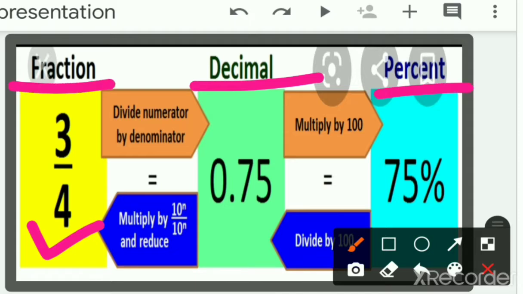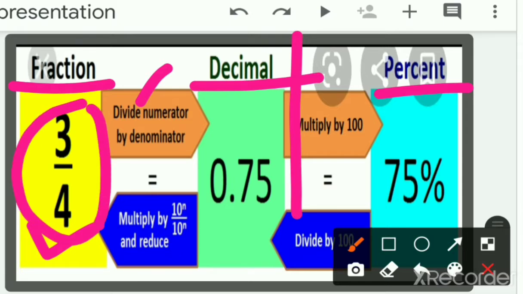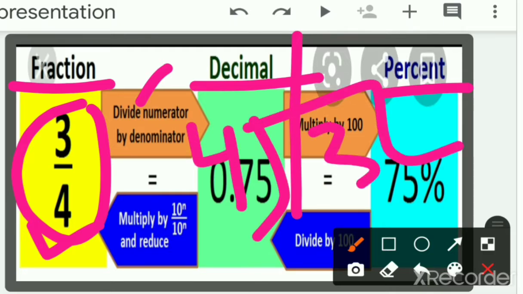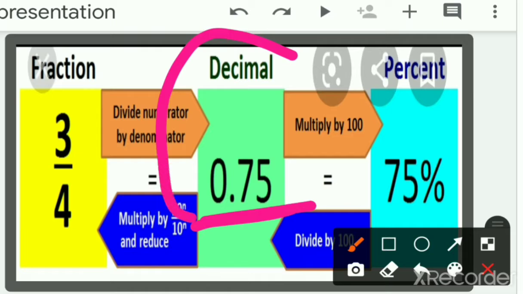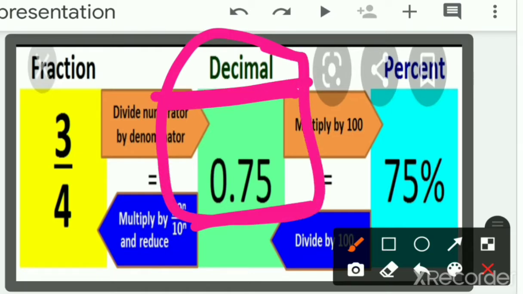We will not go for percent, we will go only for decimal. Divide the numerator and denominator, it means you have to divide these two numbers. So it is better to divide the numerator by the denominator. What answer will we get in decimal form? We will get 0.75.